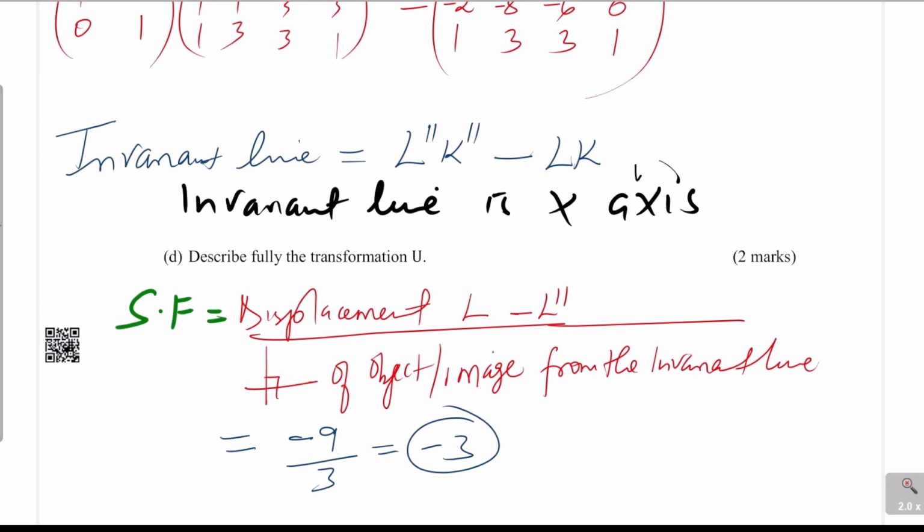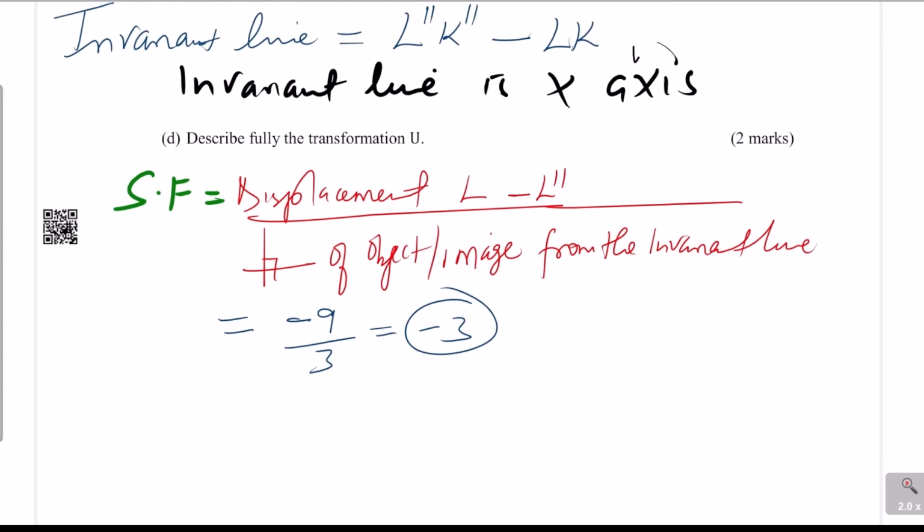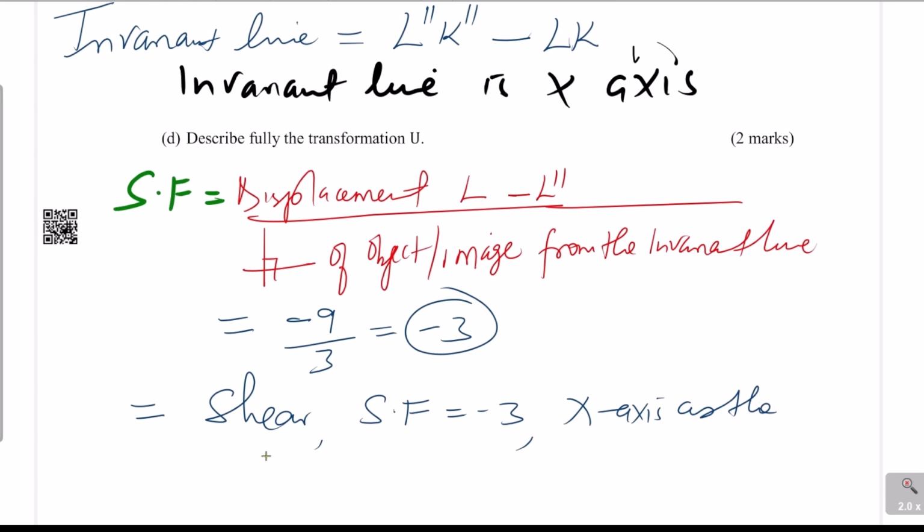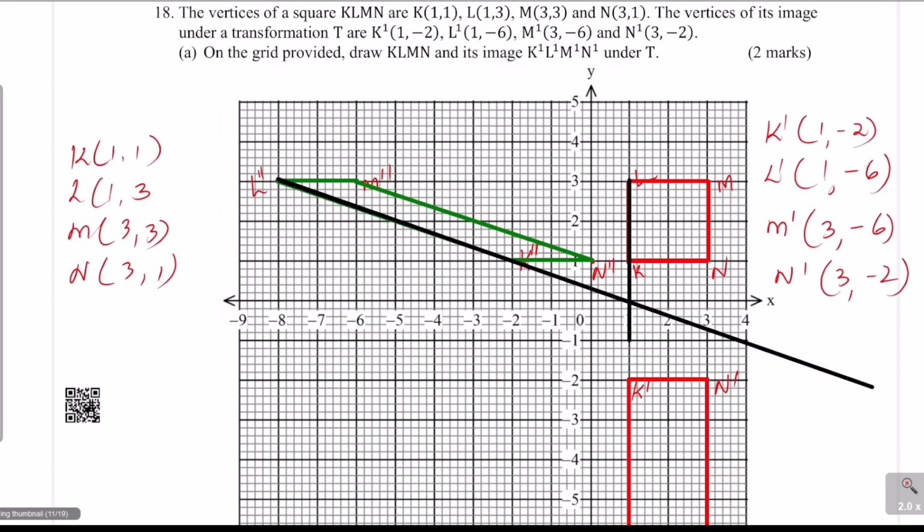Now, to describe the shear fully, this is what you do. You say that this is a shear with shear factor -3 and the x-axis as the invariant line. You are describing a shear fully by stating the shear factor, the invariant line, and then you have to give the object point and the image point.